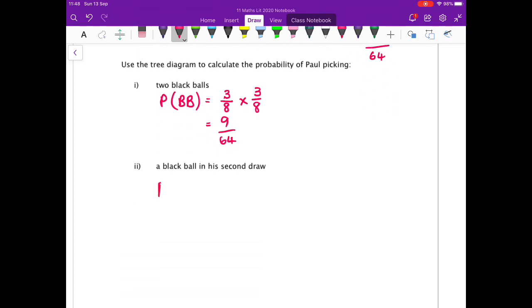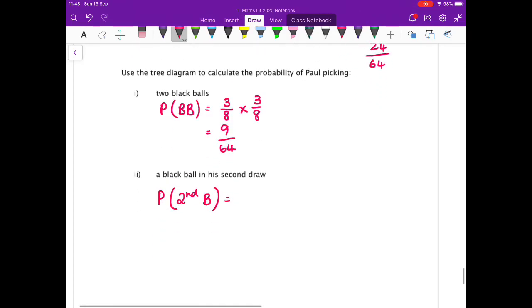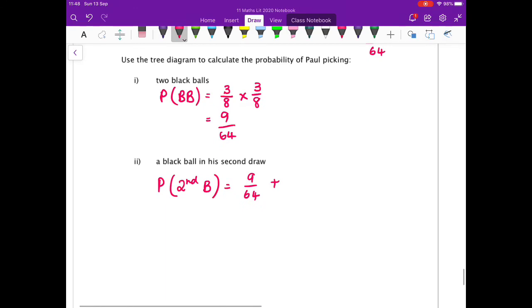Right, how do we set that out? The probability of second black will be, the first one we had was 9/64 plus the second one was 15/64, and that would give us a total of 24/64, which you have to simplify, and that will give you a value of 3/8.